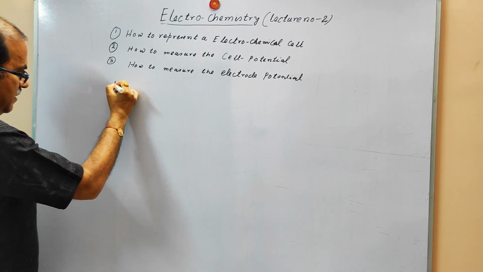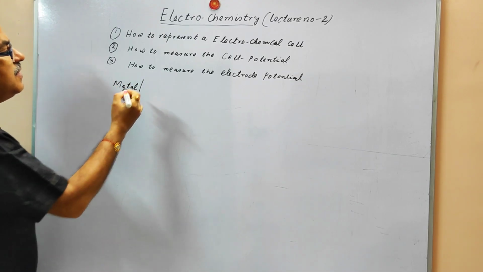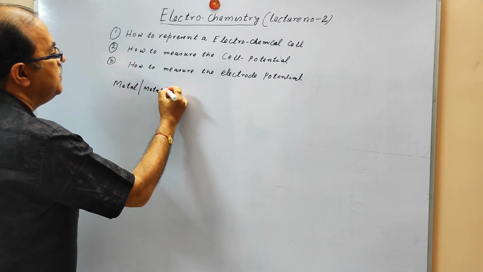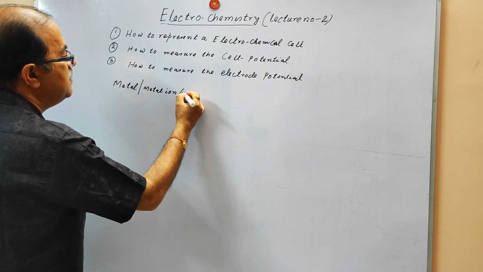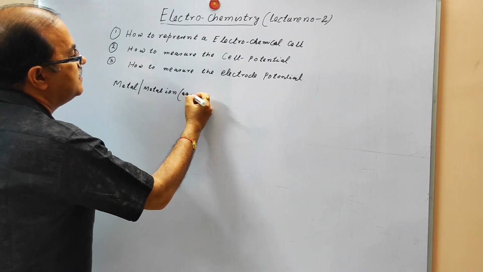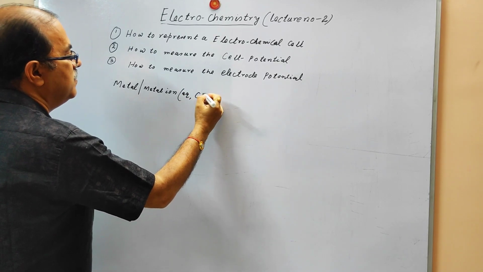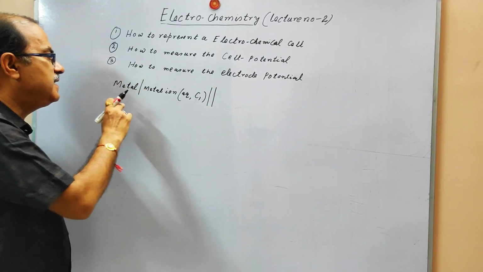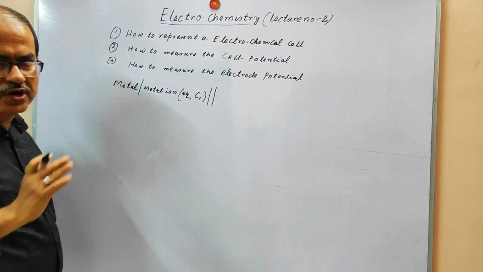In general, you have to write the metal, and between the metal and the electrolyte solution, the metal ions, represented by their physical state, that is aqueous, and the concentration of the metal ion, C1. One single vertical line is put between the metal and the electrolyte.